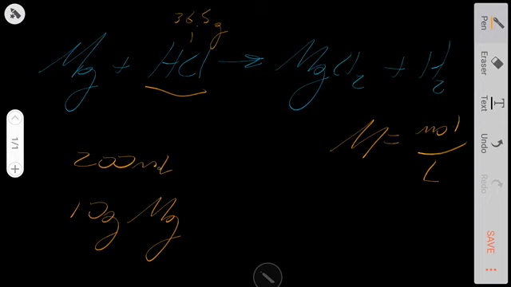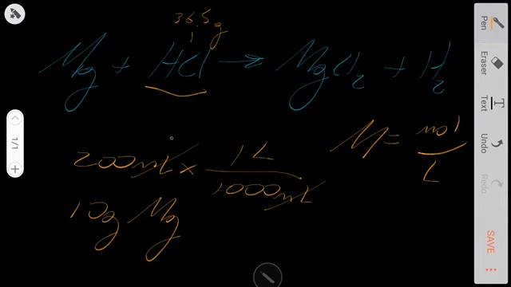To convert milliliters to liters, I have to divide by 1,000 or multiply by 1 liter is equal to 1,000 milliliters. Those are the same. But to change the unit to liters, I can multiply like this. Milliliters on top cancels with milliliters on the bottom.